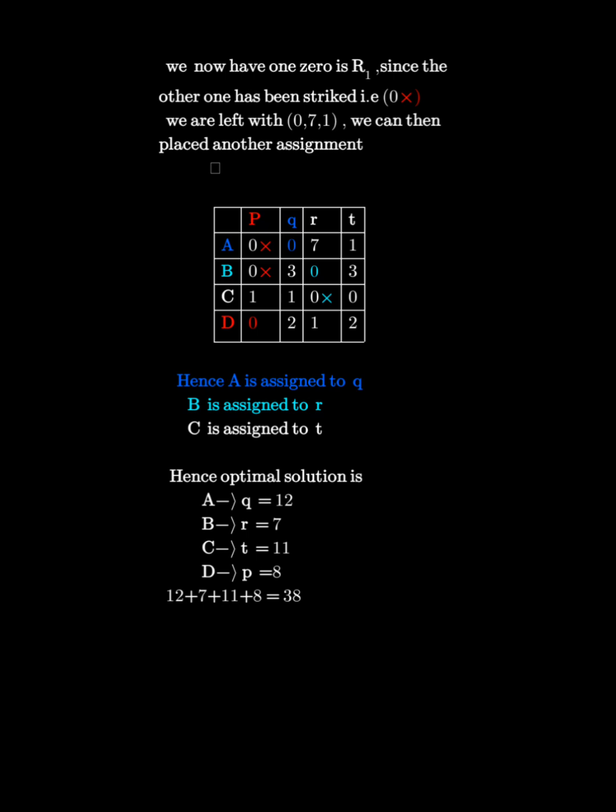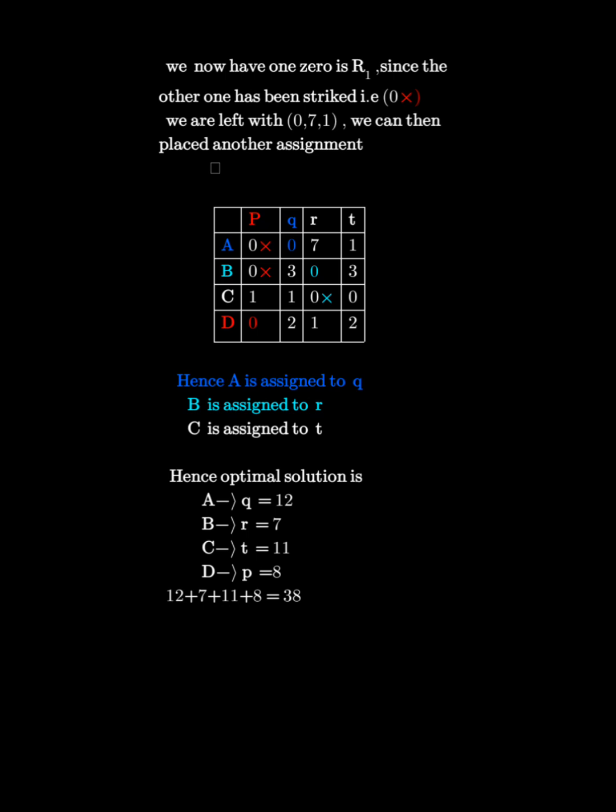You notice that two assignments have been done already. So two people have been given jobs, and it's remaining two other people that need to be given their jobs. Now, when you look at B, it is having only one 0 left. One has been striked, so we are left with only one 0. So we say that B is assigned to R since we are left with one 0 there.